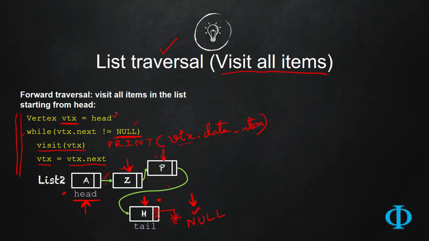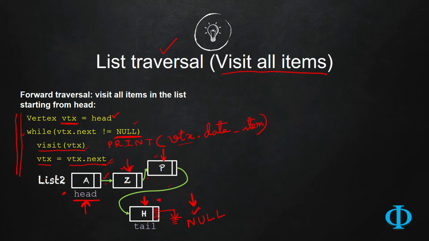So basically, initializing to head is the initialization of my while loop. VTX dot next not equal to null is the condition for the while loop, and here it is visiting the nodes, and VTX equals VTX dot next, this last line, is how I am modifying that temporary pointer.